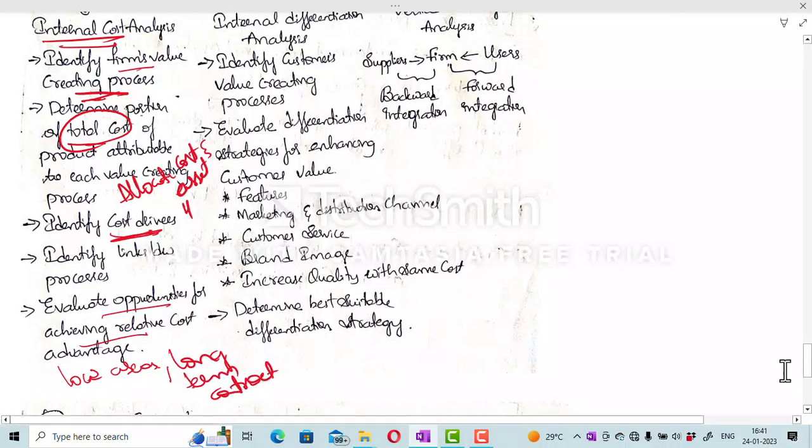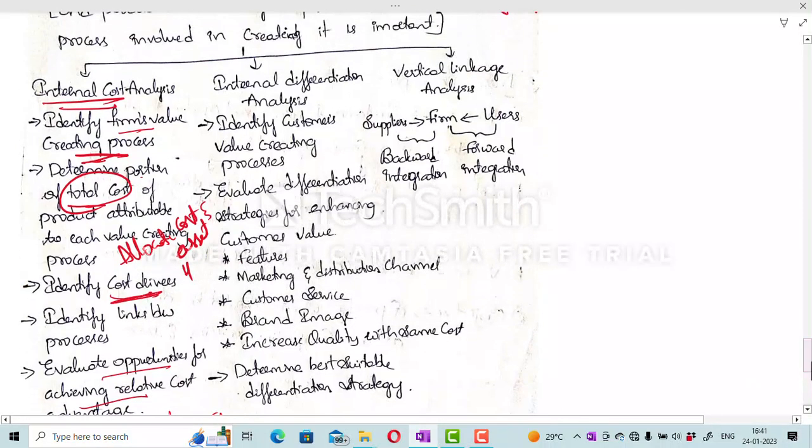In this way you need to find out what internally is contributing to the competitive advantage, and we need to do an internal differentiation analysis.